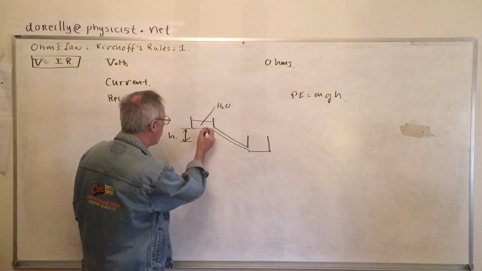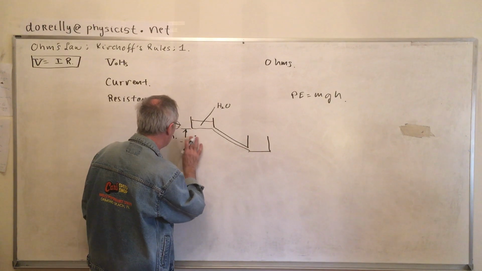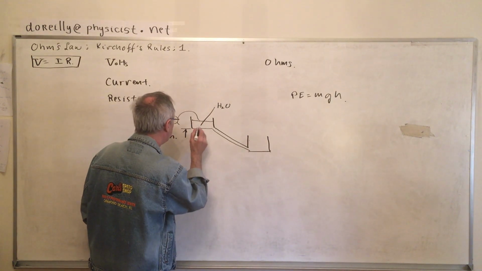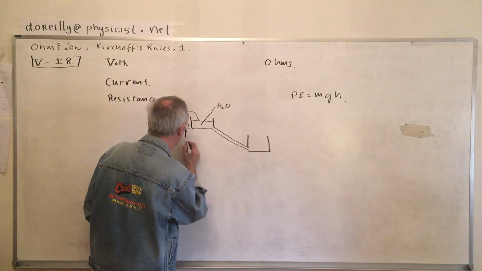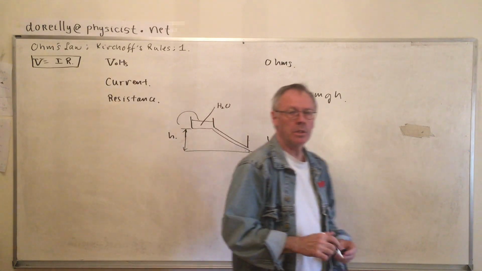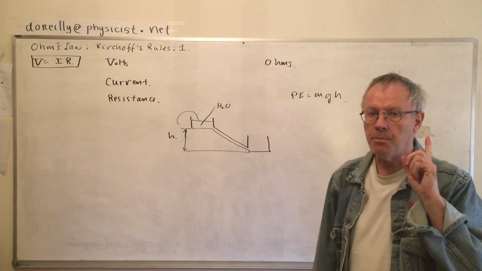Now suppose I put some water here at a certain height h above this level here. Now, there exists a potential difference. What's a potential? The potential energy per kilogram.